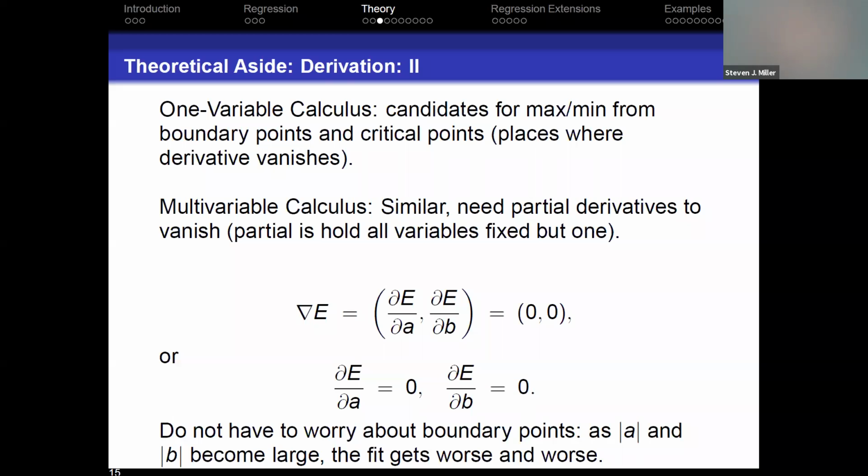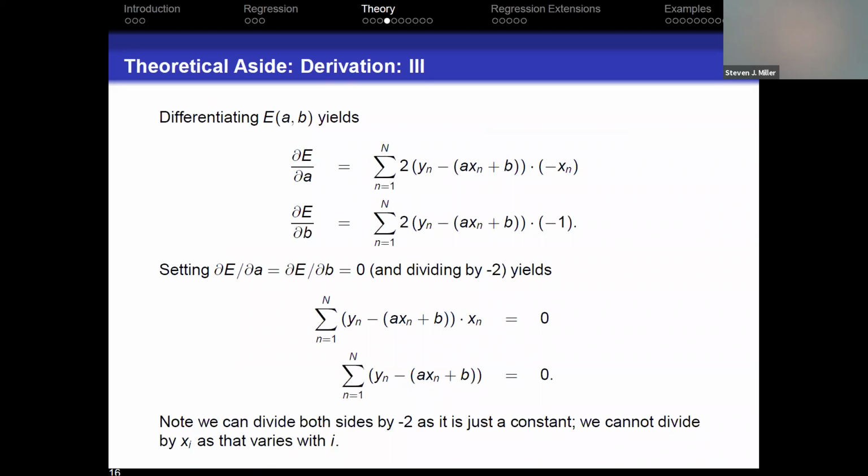Now we're lucky, we don't have to worry about the boundary points, because as the absolute values of A and B become very large, the fit is going to become terrible. So we only have to worry about finding the critical points. If we remember what our formula is, when the dust settles, we'll get 2 times (yn minus (axn plus b)), and now we take the derivative of the inside piece with respect to a.